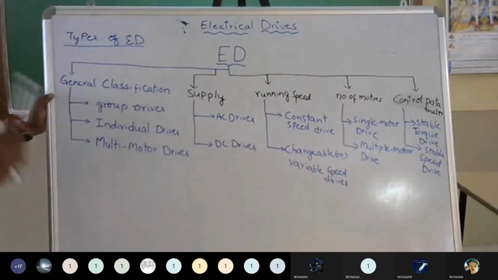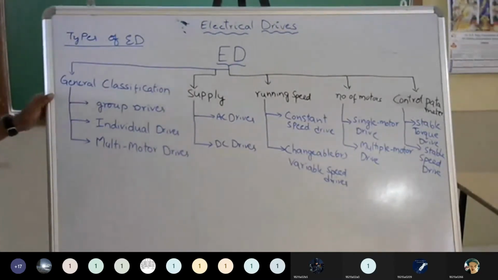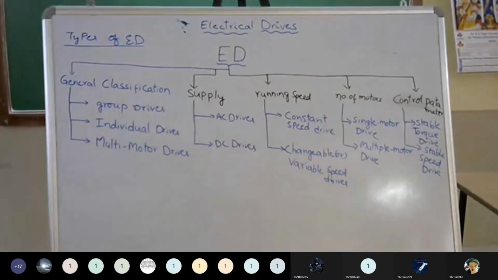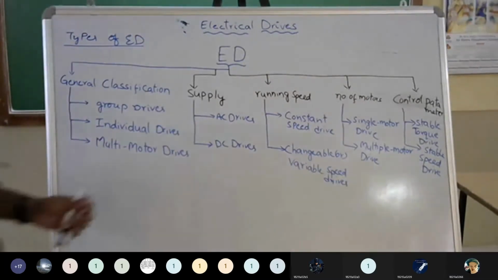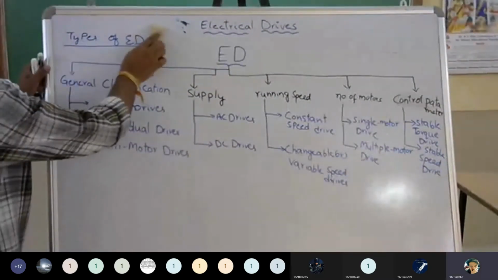You have to come up with one example for all these drives and submit it. Clear? Yes, sir. Okay, so these are the types of drives. Any doubts in this one?